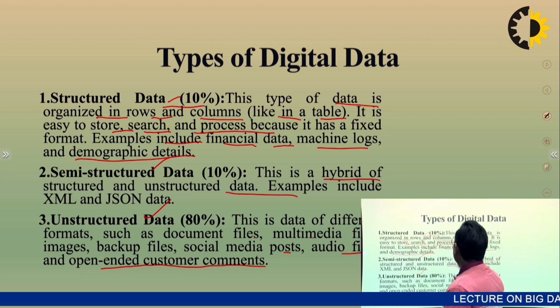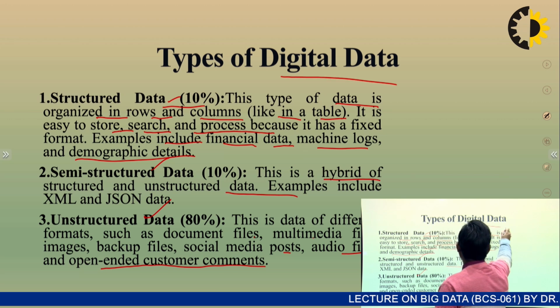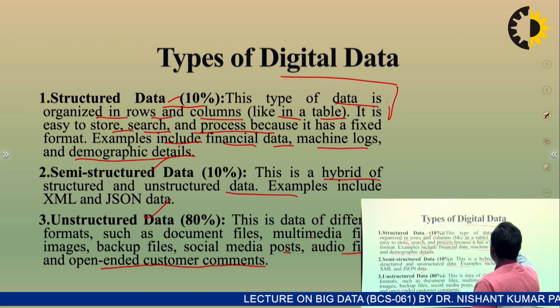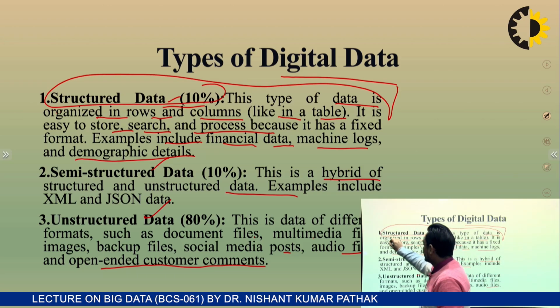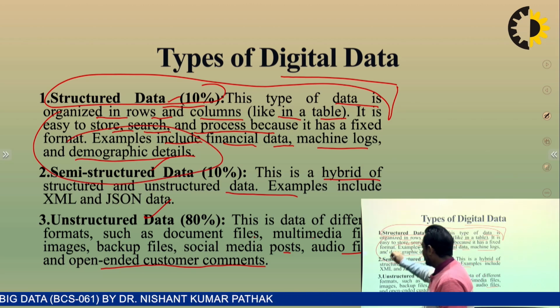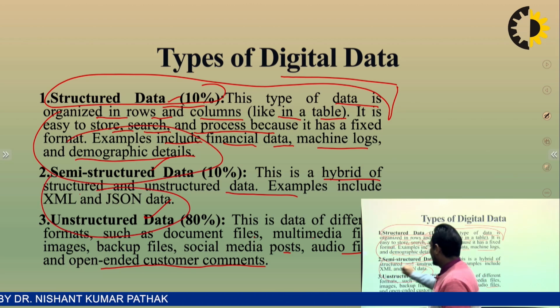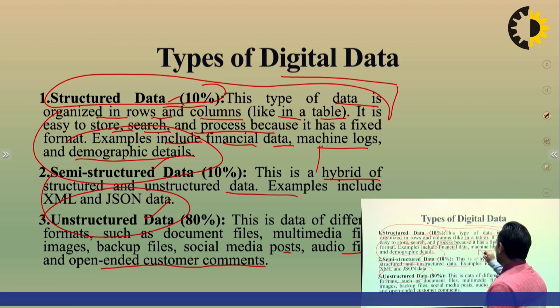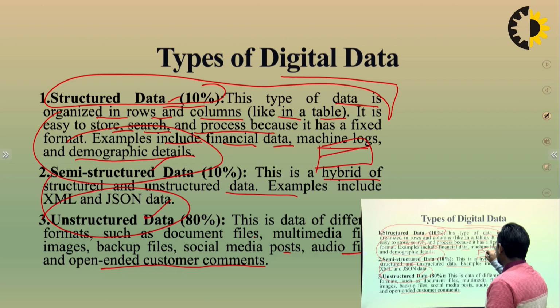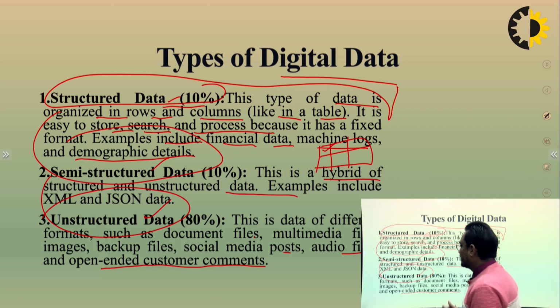So, digital data is categorized into three different parts. The first one is structured, the second one is semi-structured, and the third one is unstructured data. Structured data has tabular formats, with data in rows and columns, and is easy to process, search, and store.